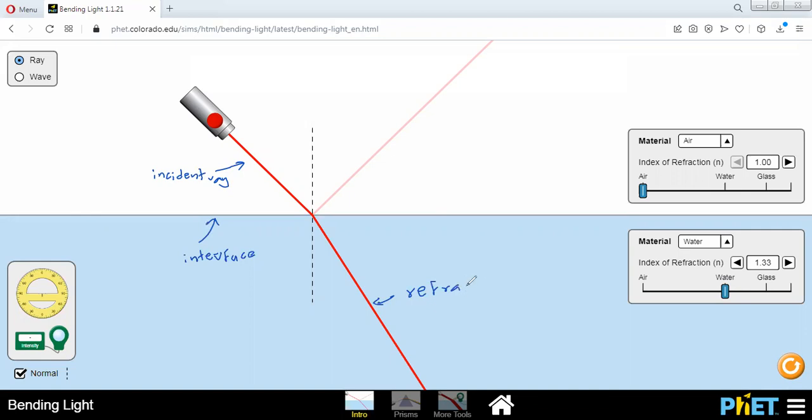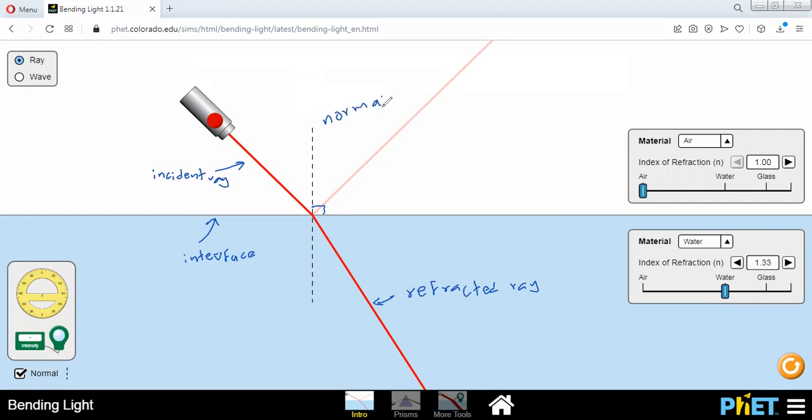If it is a different wave, you can see it as a refracted wave. And also you can observe that there is a dotted line between the two media. This dotted line is perpendicular to the interface, and it is known as the normal. Remember, this dotted line is an imaginary line. It does not exist.